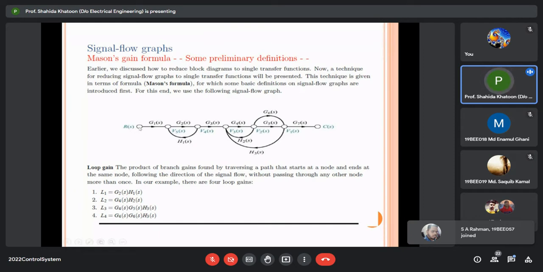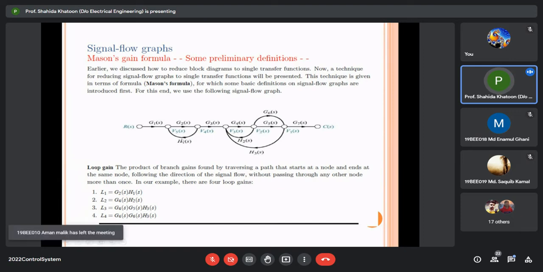So one of the loop one is G2 into H1. So this is one of the loops. So you start from this node, go to this node and come back to this node through this path G2 into H1, and you multiply the path gains. This is called the path gain.